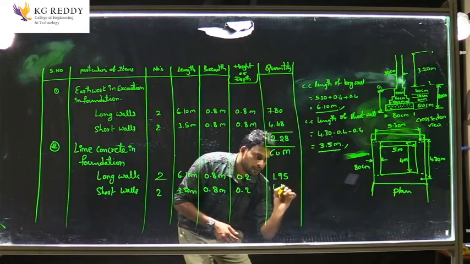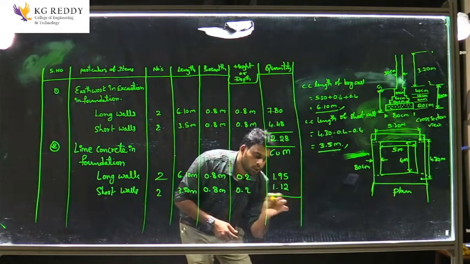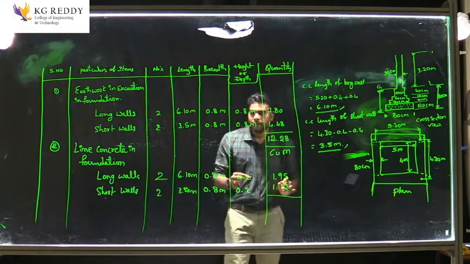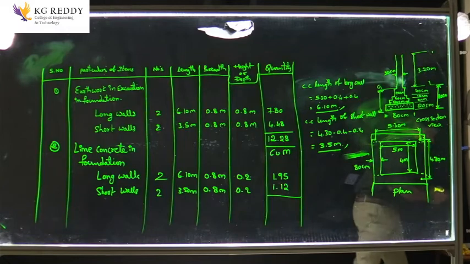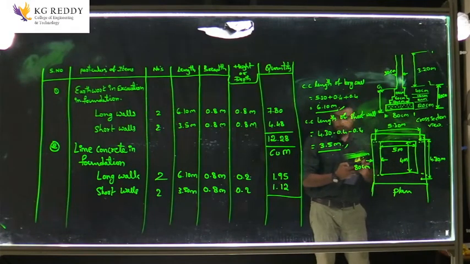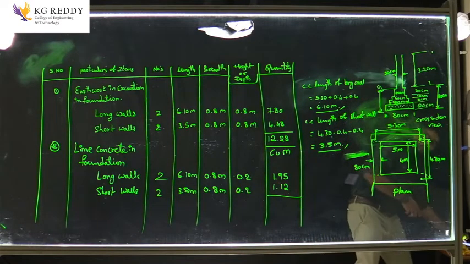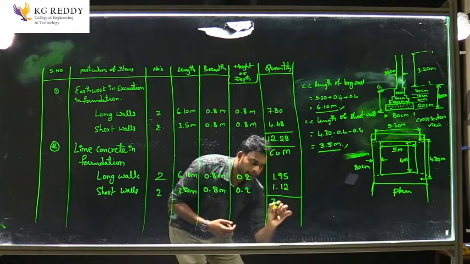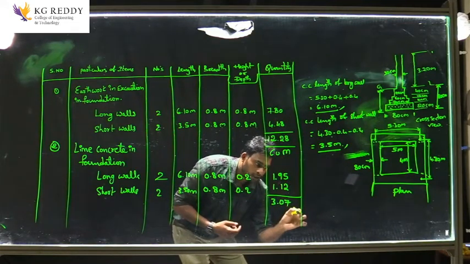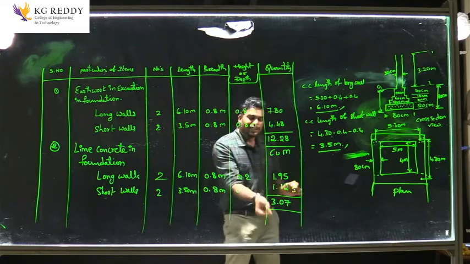By adding these two, we will get the total quantity of the lime concrete in foundation. So that is 3.07. So the next is units.